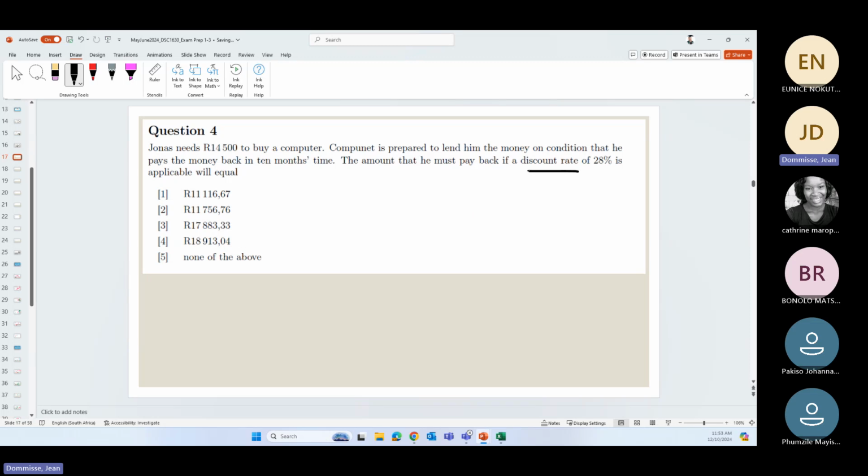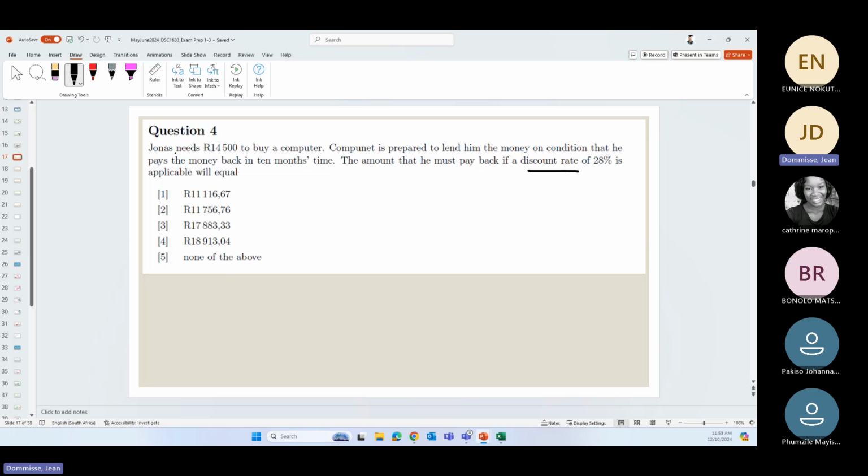What you might also get, and we had it last week, is simple interest that was counting days. So that might also happen. Then nearly the last thing that we haven't looked at yet is the discount rate.